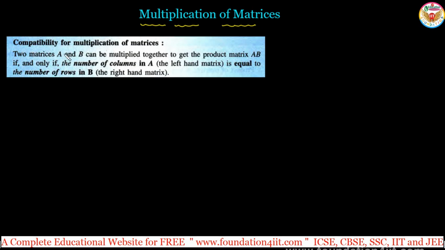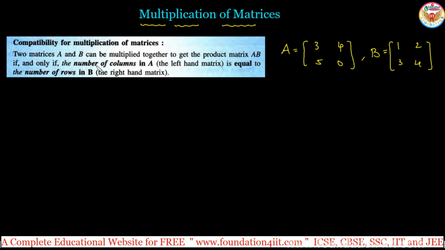First, let us see the compatibility for multiplication of matrices. To multiply any two matrices, let us say A is 3, 4, 5, 0 and matrix B is 1, 2, 3, 4. Let us take this. To multiply these two matrices, we should not multiply corresponding elements. So this is wrong.